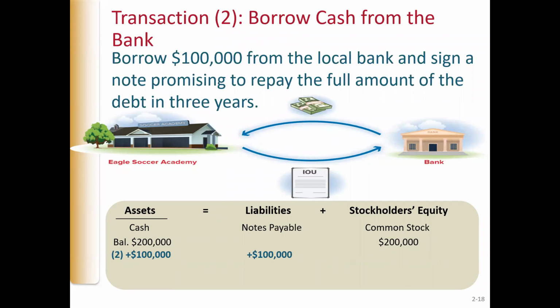So our assets increased 100,000 and our liabilities increased 100,000. After we've posted this transaction, are our assets still equaling our liabilities plus stockholders' equity? Yes, our assets went up 100,000, but our liabilities also went up 100,000.